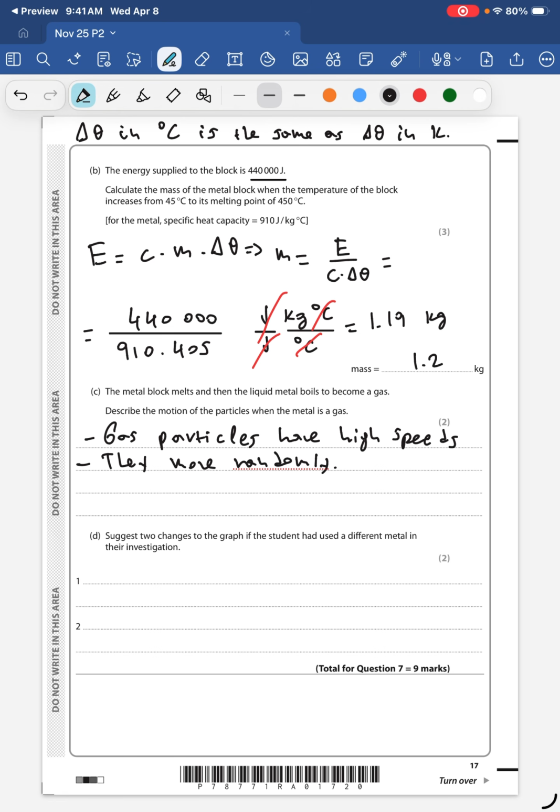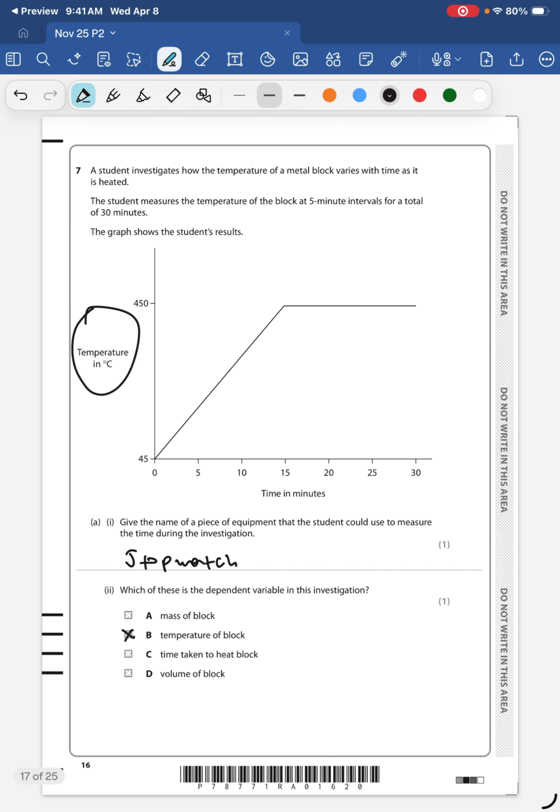Okay, and part D suggests two changes to the graph if the student had used a different metal in their investigation. So we will have a different gradient, and also a different melting temperature. So if we come to the graph, maybe another metal would look like this.